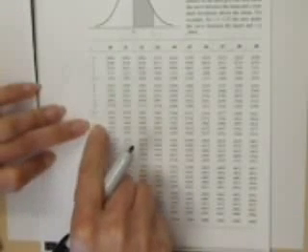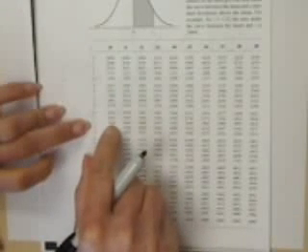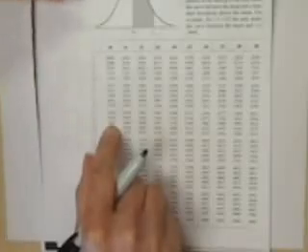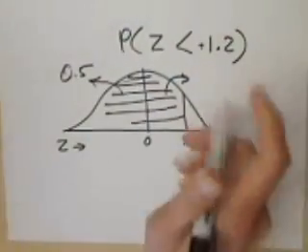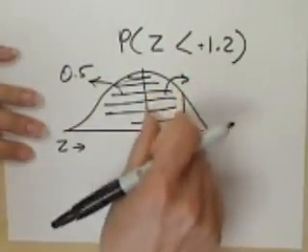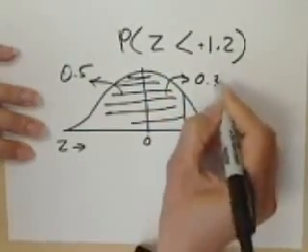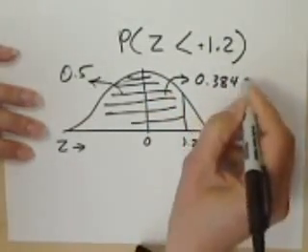Look at the z-table. 1.20 gives me a table entry of 0.3849. So I know this smaller strip shaded is 0.3849.